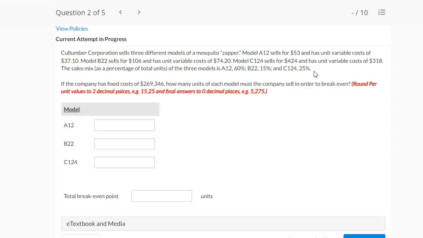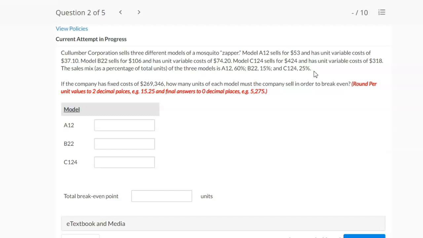Write that down somewhere. Now for B22, it's 106 minus 74.2, so the contribution margin for B22 is 31.8. Now for the C124 model, it is 424 minus 318, so C124 is equal to $106.